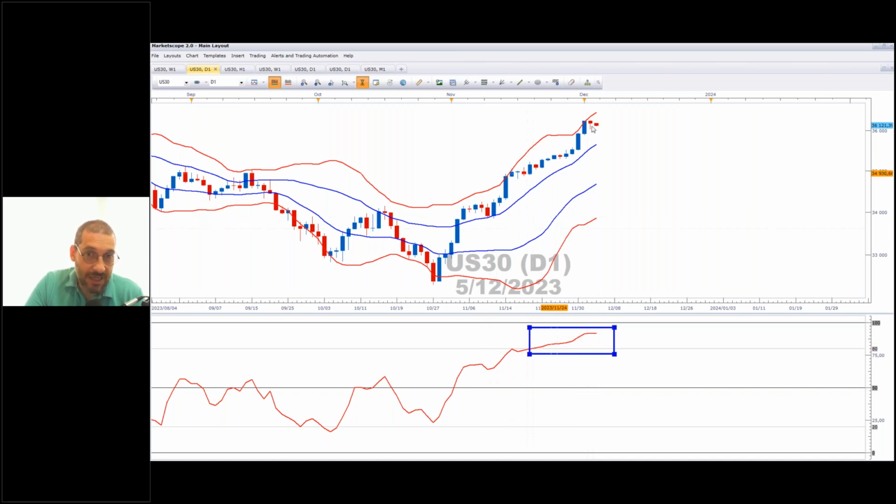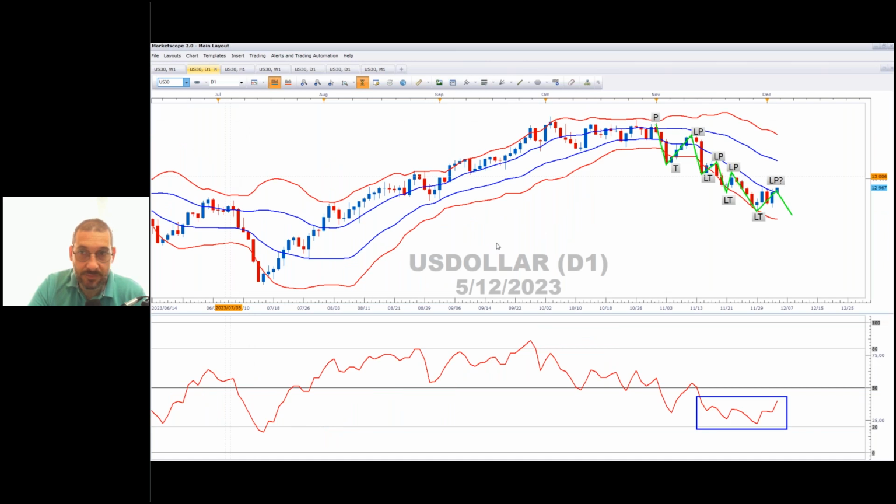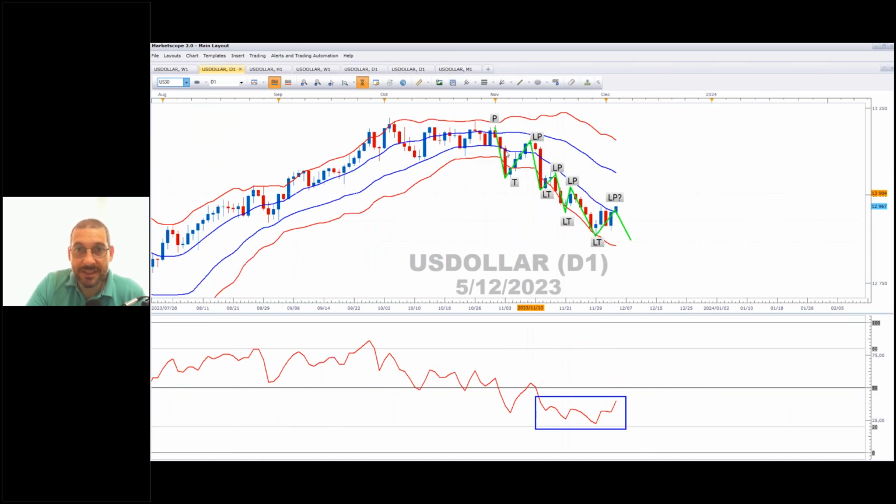I think that this overbought condition is making the analytics much more complicated because, just going back to the US dollar here, we've got a nice ordered trend, but now is this a lower peak?